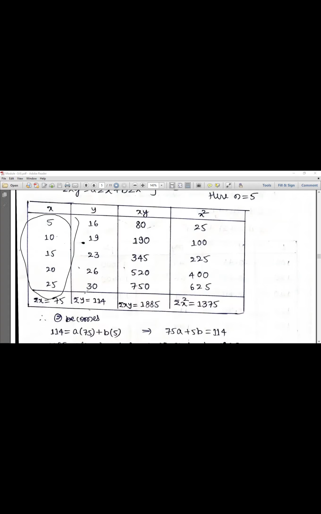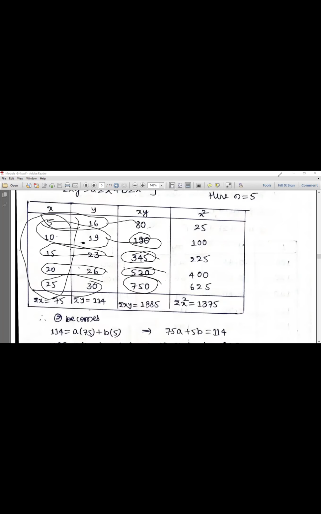That is 114. Next, you multiply these two, and the answer will be this, for each row.